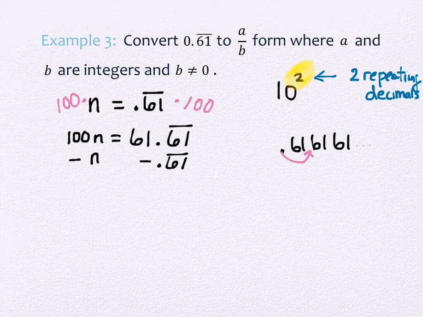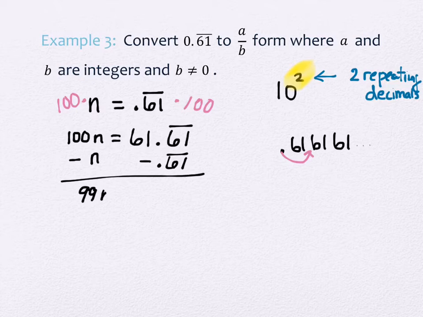In order for equations to stay equal, you have to do the same thing to both sides. I can do this because n and 0.61 repeating are equal. So I've subtracted the same amount from both sides. Different forms, but they're the same thing. So, on the left, I get 99n.